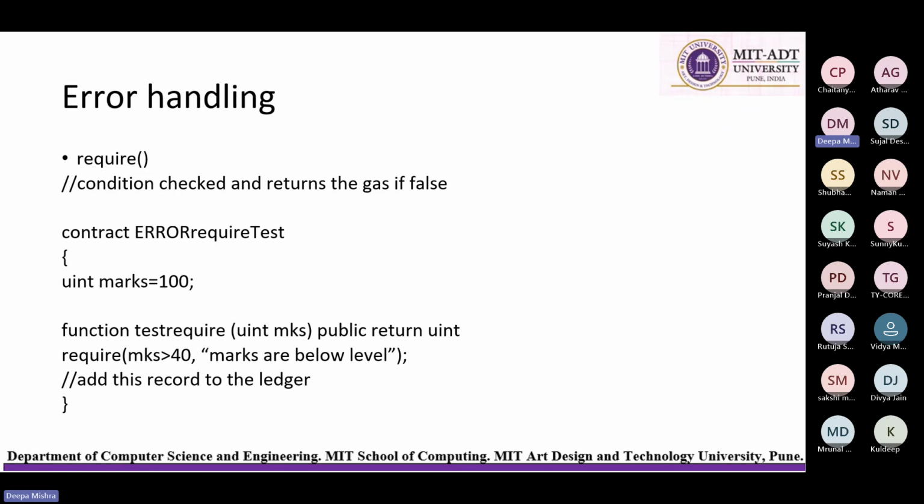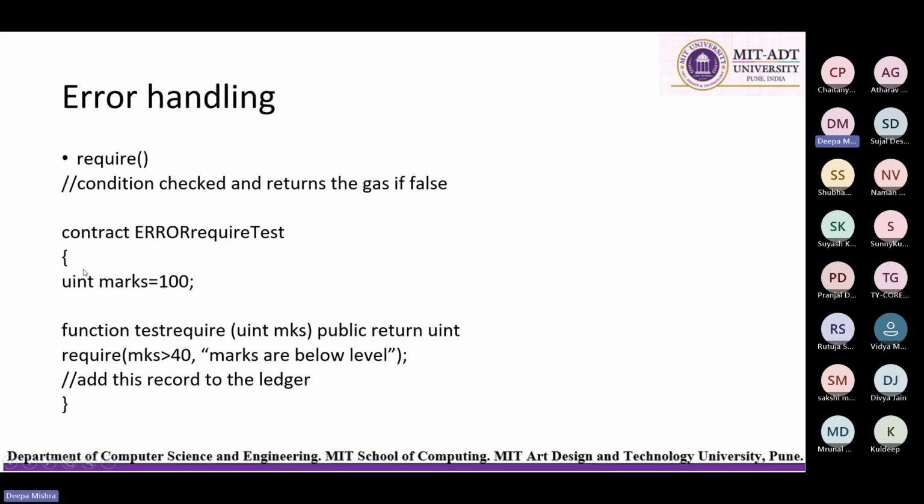We have studied that in order to execute every function, some gas fees is mentioned. So if the condition you are checking through require fails, it would return the gas fees back.